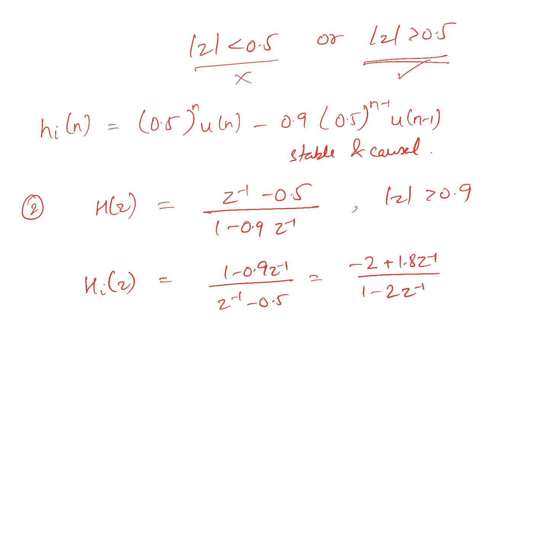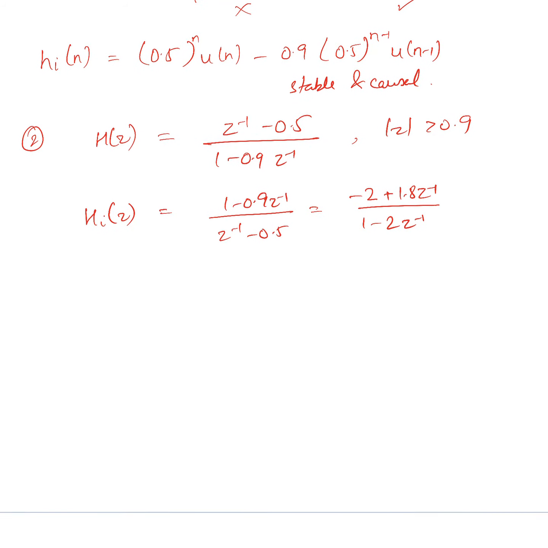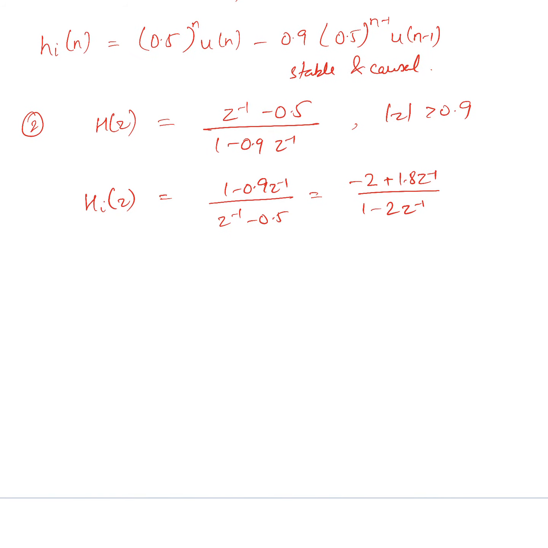Okay, so again we have only one pole of this inverse system, so there are two possibilities for the ROC: either mod z greater than 2 or mod z less than 2.